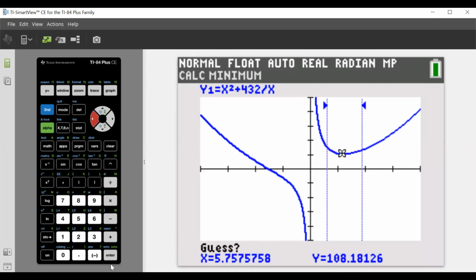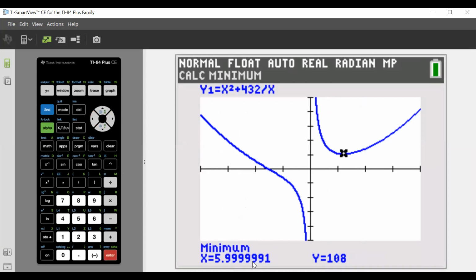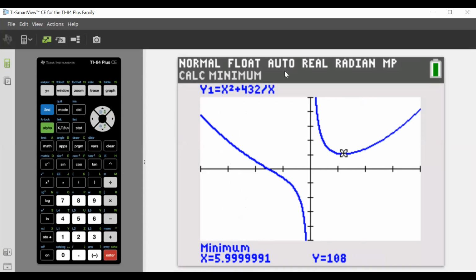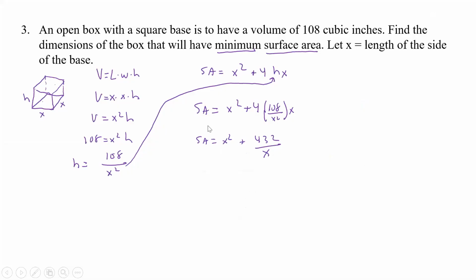And so then we come back down. So it looks like our minimum is roughly at x equals 6, and then y is equal to 108. Okay, so our minimum is x equals 6, y equals 108. Okay, so that's going to work.